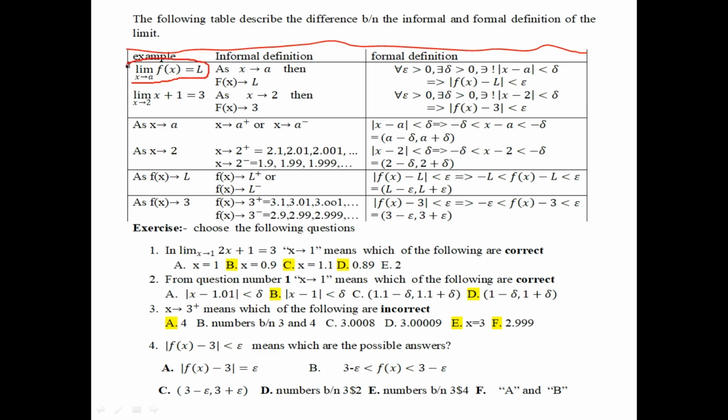The limit of f of x as x approaches a equals L means, using the informal definition, that as x approaches a, the function f of x approaches L. But in the formal definition, for every epsilon greater than 0 there is at least one delta greater than 0 such that the absolute value of x minus a is less than delta whenever the absolute value of f of x minus L is less than epsilon.